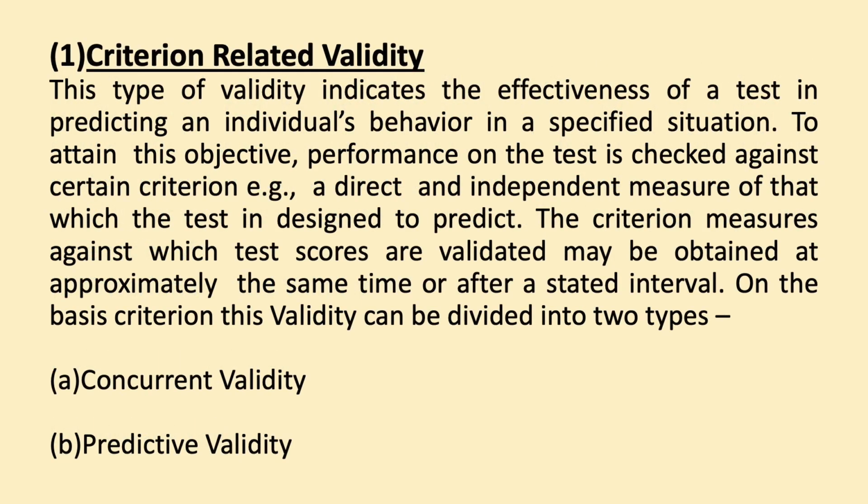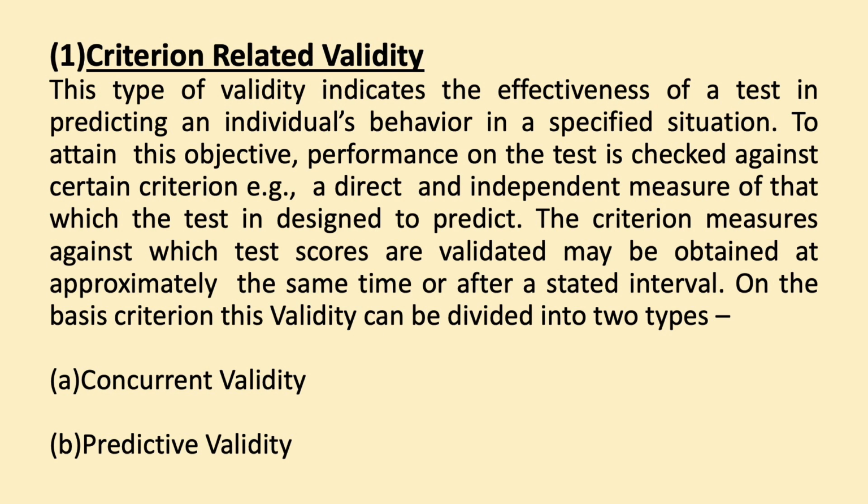This type of validity indicates the effectiveness of a test in predicting an individual's behavior in a specified situation. To attain this objective, performance on the test is checked against certain criteria, for example, a direct and independent measure of that which the test is designed to predict.